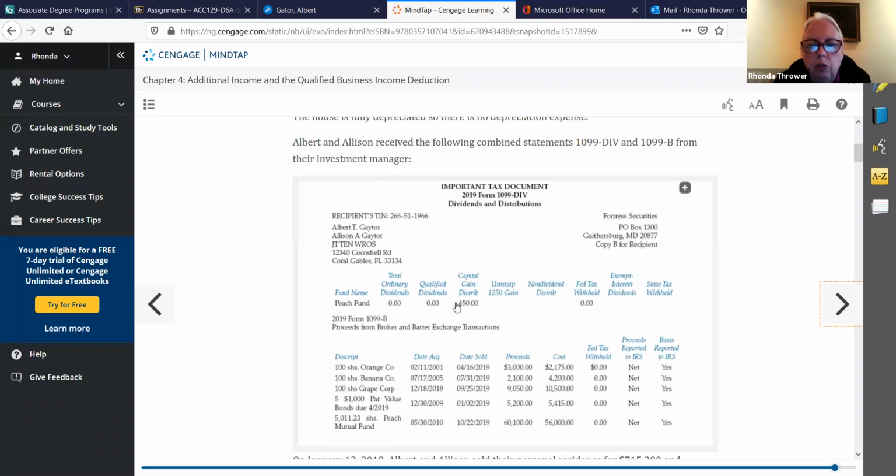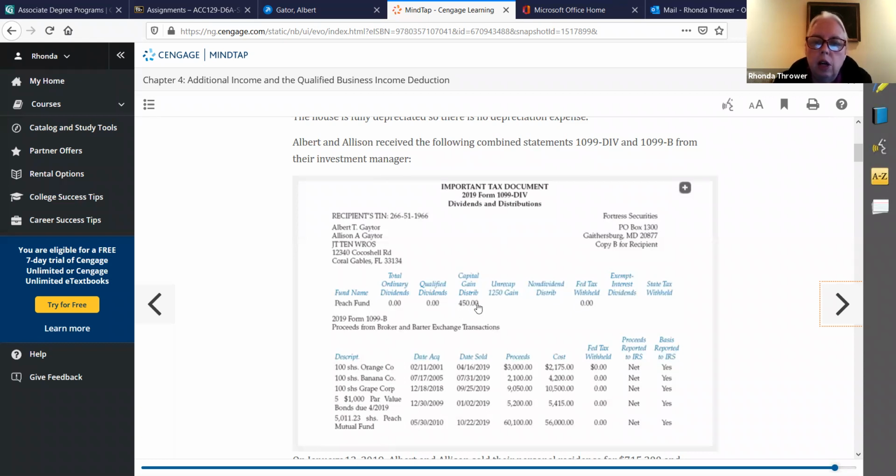capital gain distribution. In other words, at some point in time, Albert and Allison got paid $450 off of the investment that they had for the Peach Fund. And it's a mutual fund, so they've earned some money off of that, and they've sent them some money.